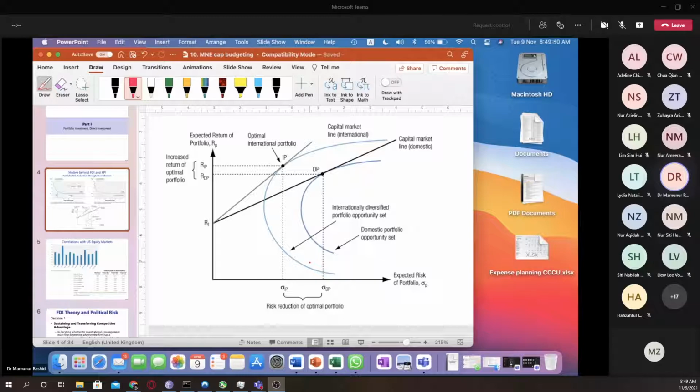This chart might be a little bit unknown to you right now. I'm not surprised, because we discussed this portfolio formation in a course called Quantitative Financial Techniques, or Portfolio Theory. That course is not available in UBD right now, so many of our finance students do not see this kind of calculation.